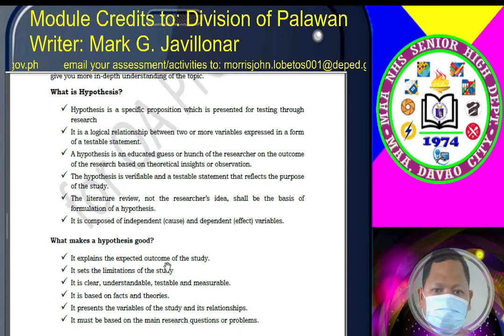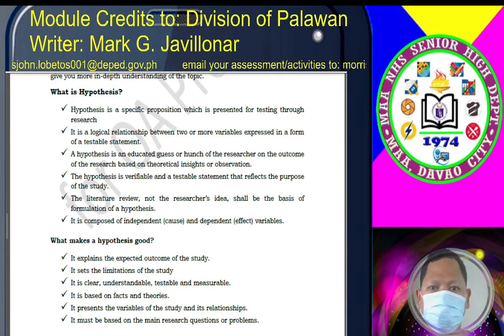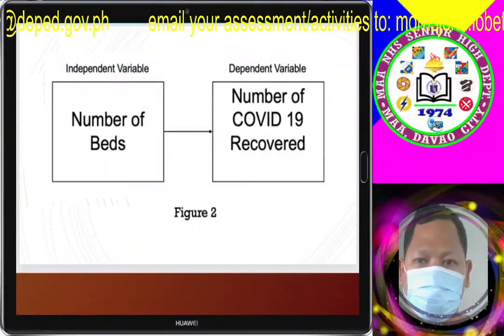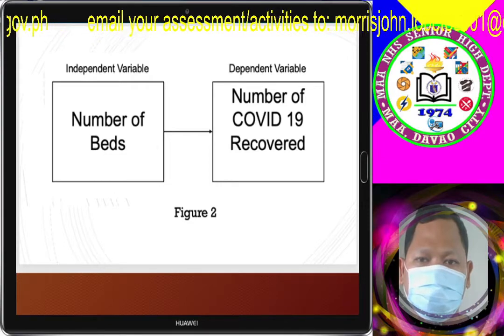Lastly, it is composed of the independent variable, or the cause, and the dependent variable, the effect. It's like in the illustration here, the example in the PowerPoint presentation. So let's go back. You can see here we have the IV and the DV. The number of beds is the independent variable.